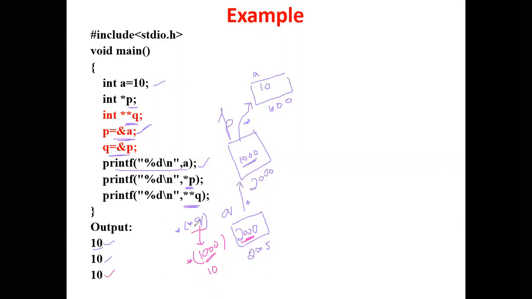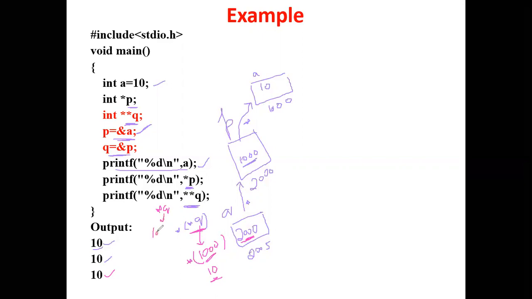I can write it in brackets also, *(*q), which is nothing but first this will give you the result 1000, and star of 1000 will give you the value 10. If I simply write a printf statement with *q, you will get the answer 1000.